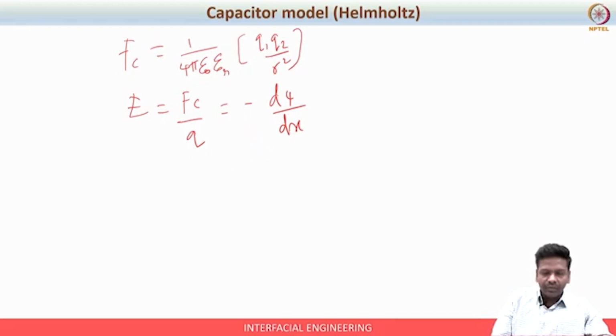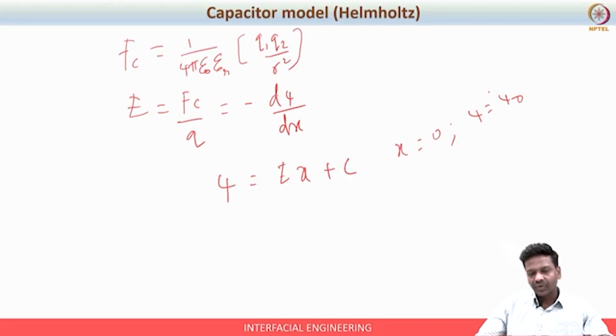Now if you simplify this, E is nothing but a slope here, so you will get psi is equal to E into x plus c. If you apply the boundary condition that at x is equal to 0, psi is nothing but psi naught, you will see that c is nothing but psi naught.